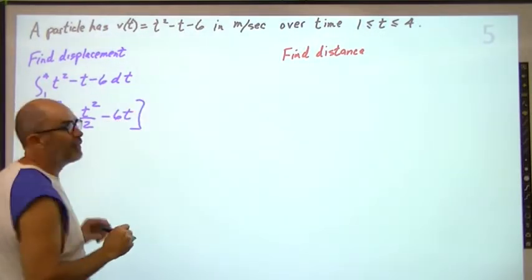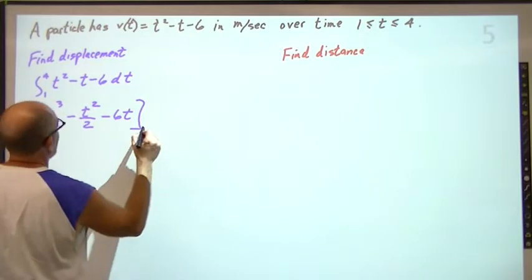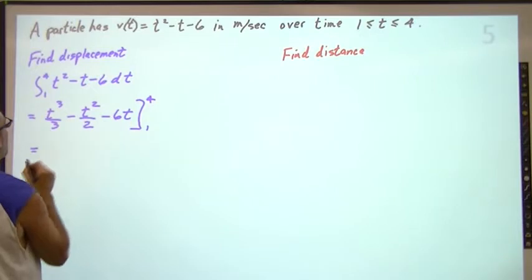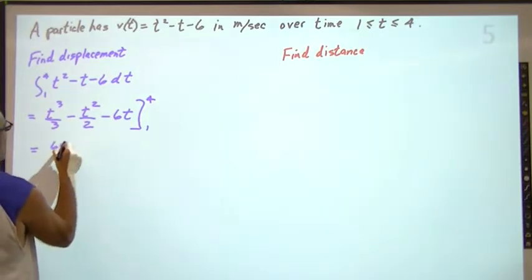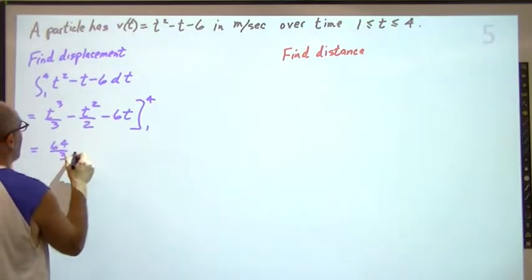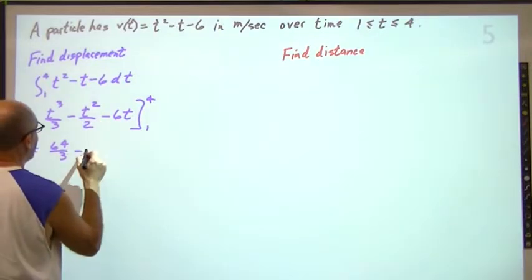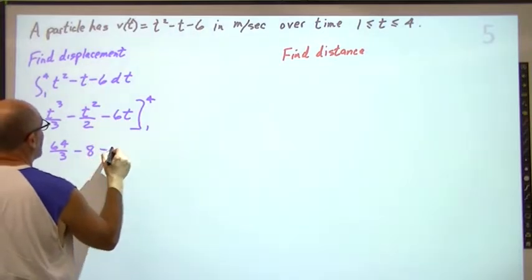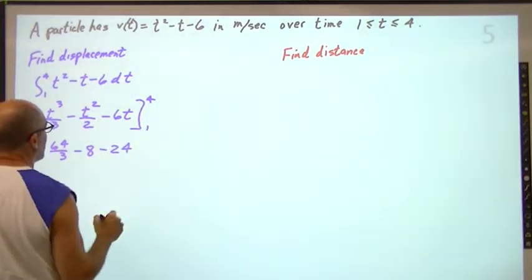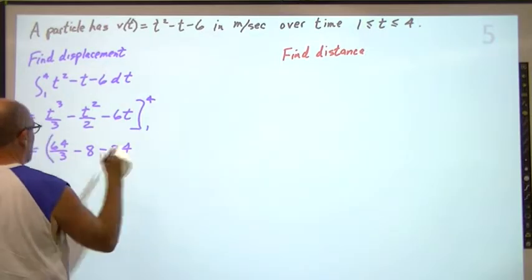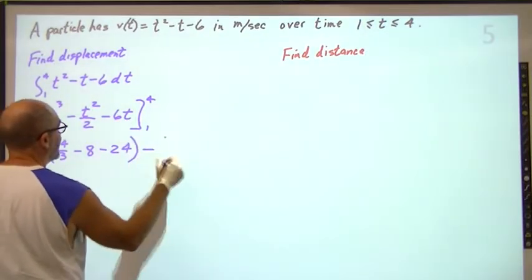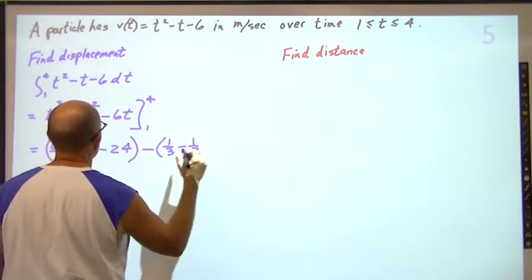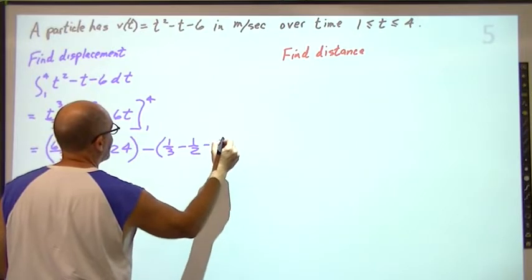And if this was an indefinite integral, remember it'd be plus c, but it's not, it's from 1 to 4. And so I plug in my 4, and I have 64 thirds minus 16 halves, which would be 8, minus 6 times 4 is 24. Minus, put the ones in now, so I have 1/3 minus 1/2 minus 6.